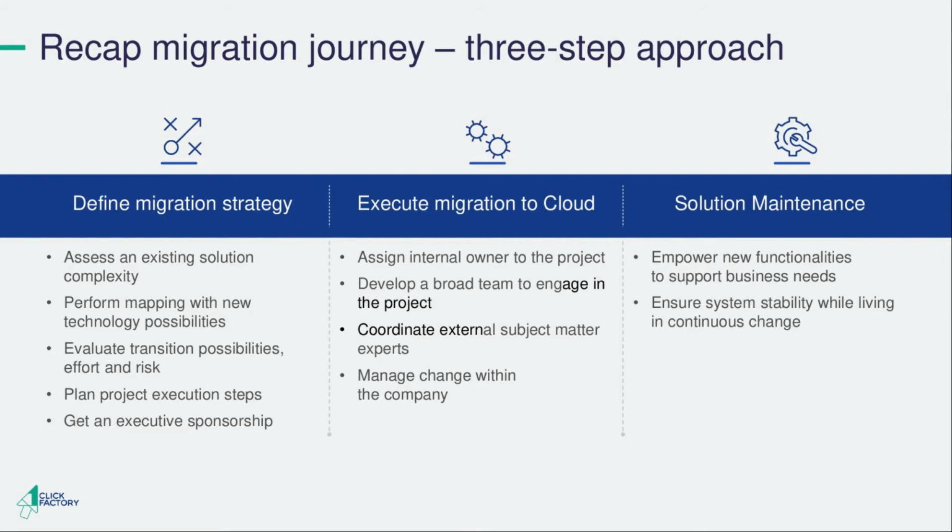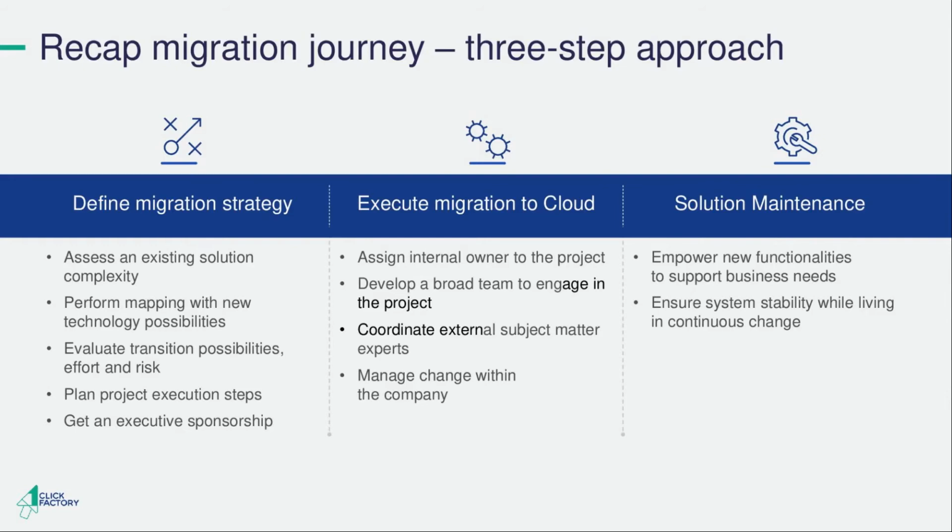And yeah, just to recap, migration journey and three-step approach. So generally, we say that there are 3 steps on migrating your customer solution to Dynamics 365. So first step is defining the migration strategy. And that is what we are actually covering in our best path assessment. So with the best path assessment, we are assessing the existing solution complexity.